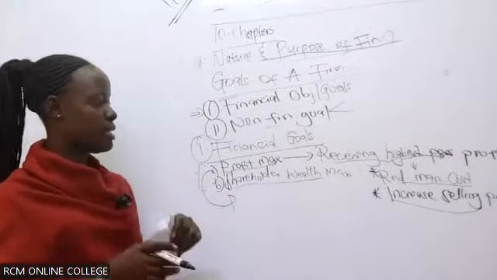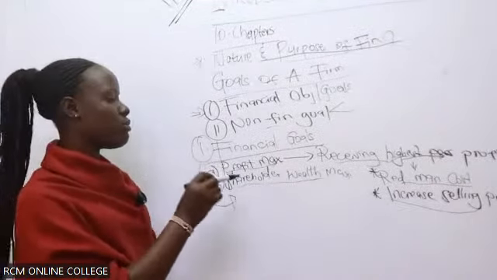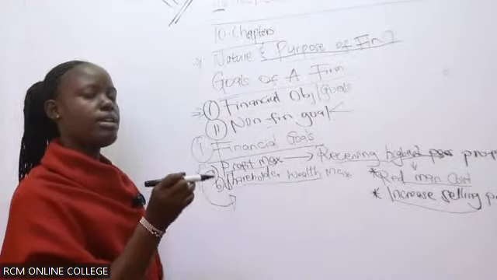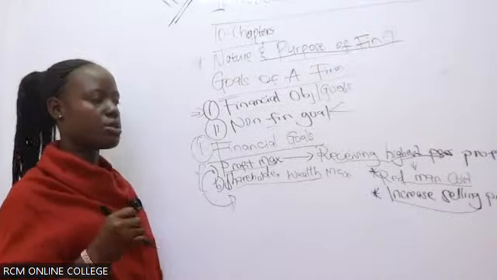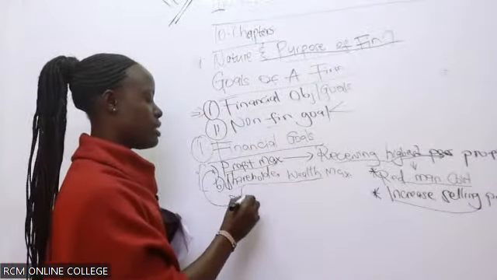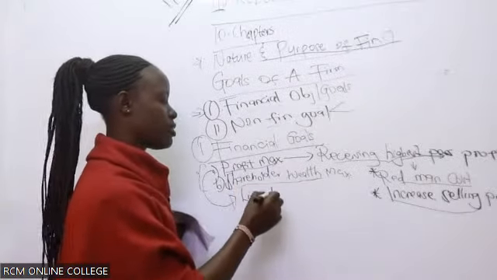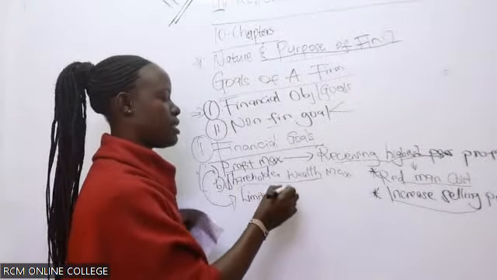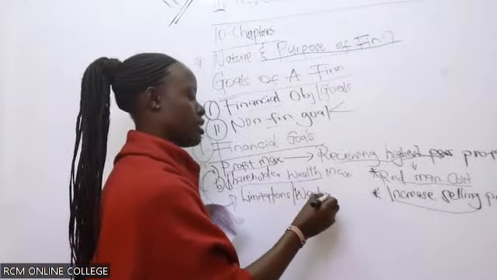That question simply tells you to discuss the limitations, the challenges, of profit maximization as a financial goal. So let's look at the limitations, or we can also call them the weaknesses.